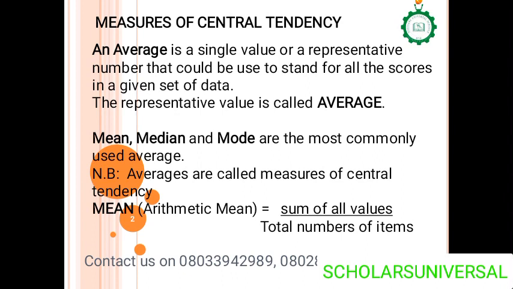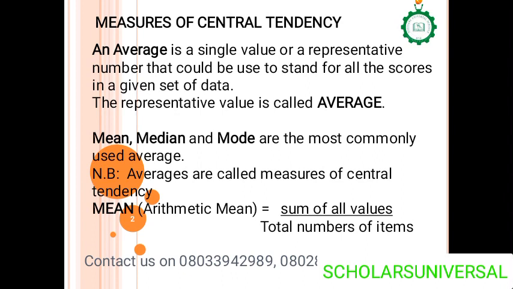Under average, we have what we call mean, median, mode. We commonly refer to average. By measuring average, you can make use of the mode, the median, or the mean. All these have different meanings. Now, averages are called measures of central tendency.